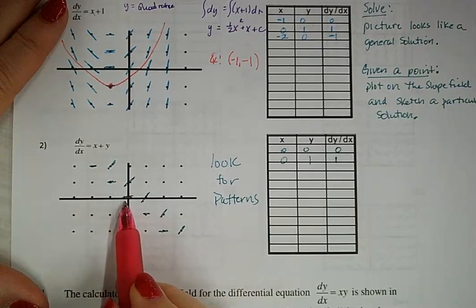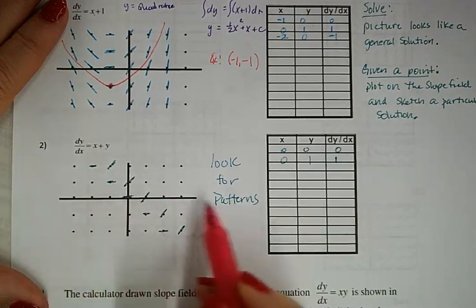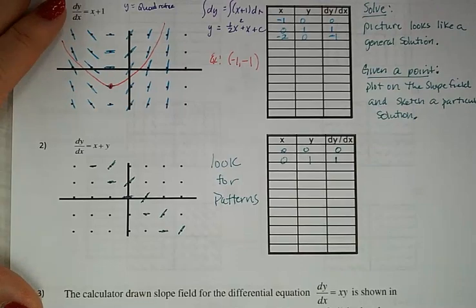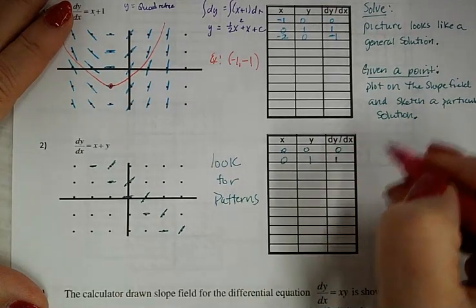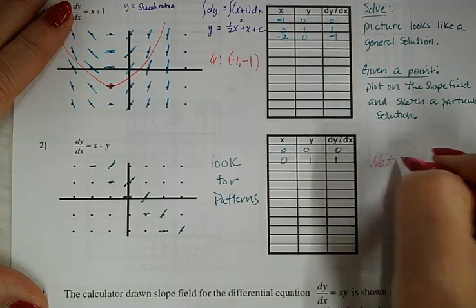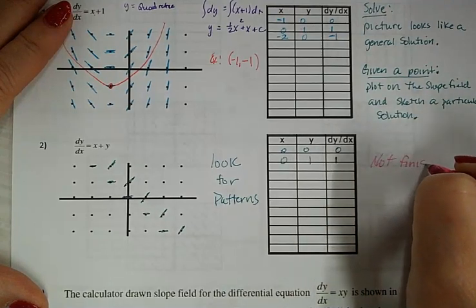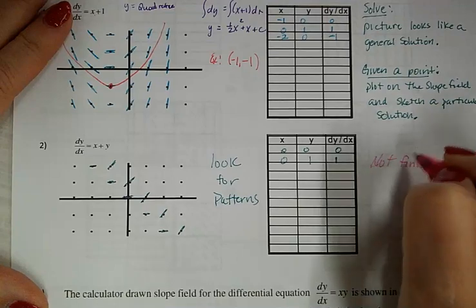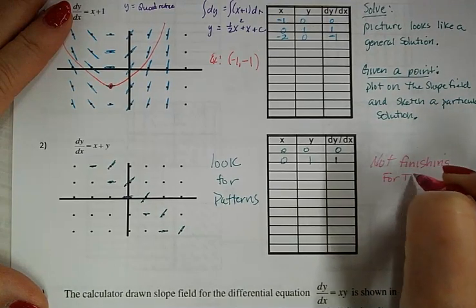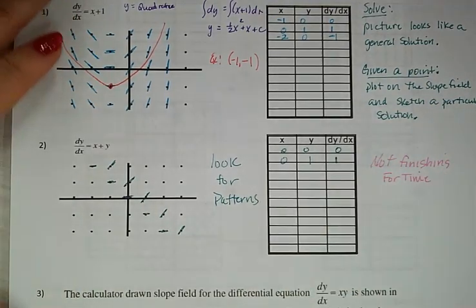I drew mine a little bit above, but if they were right on the line, you can see how that might be difficult. So we are not going to finish this one, for time. I want to have time to get to the FRQ questions at the back.